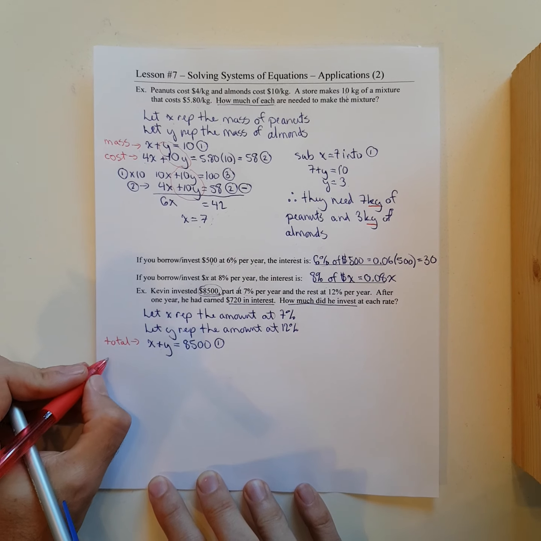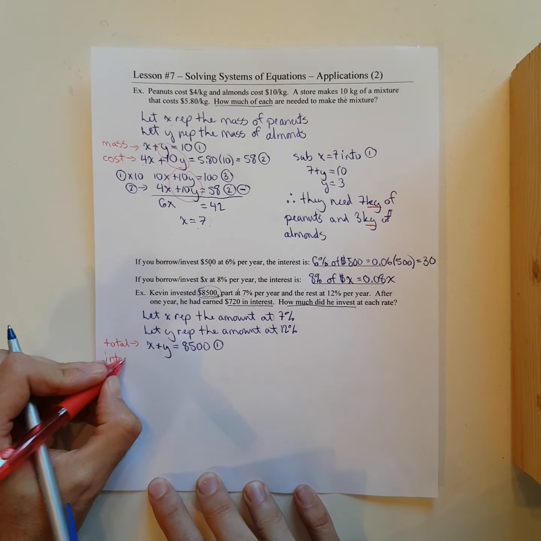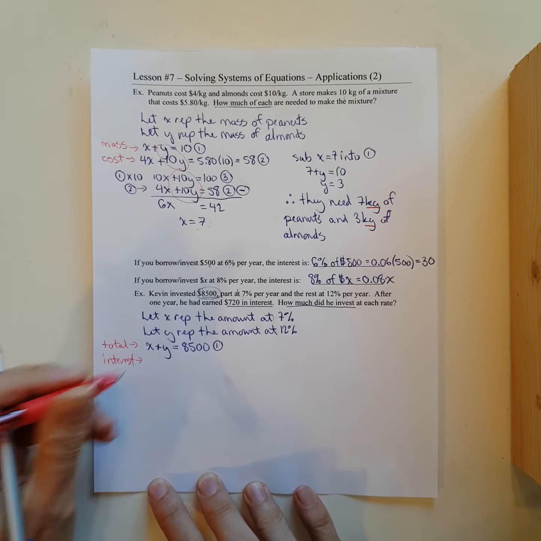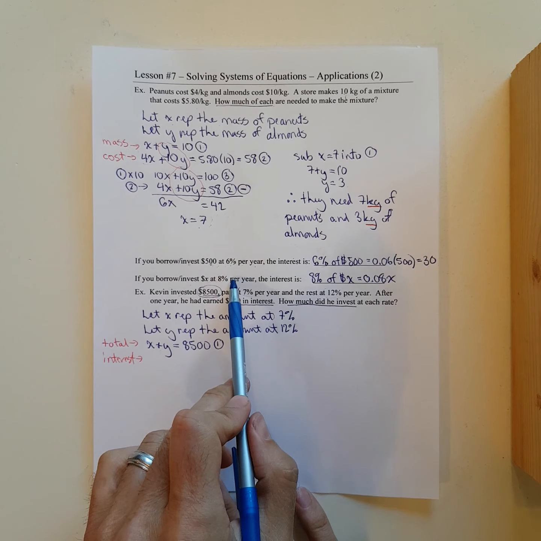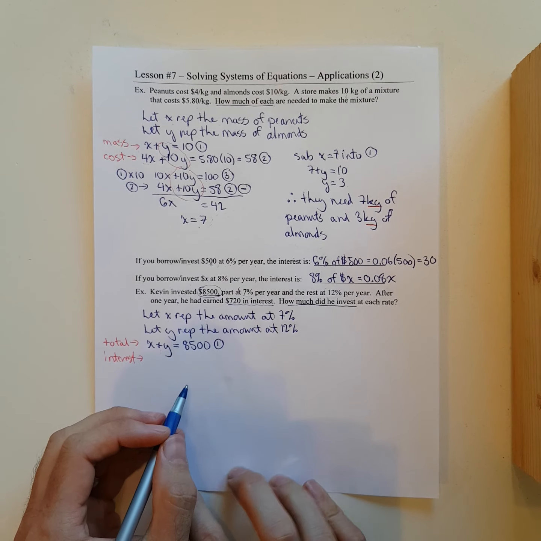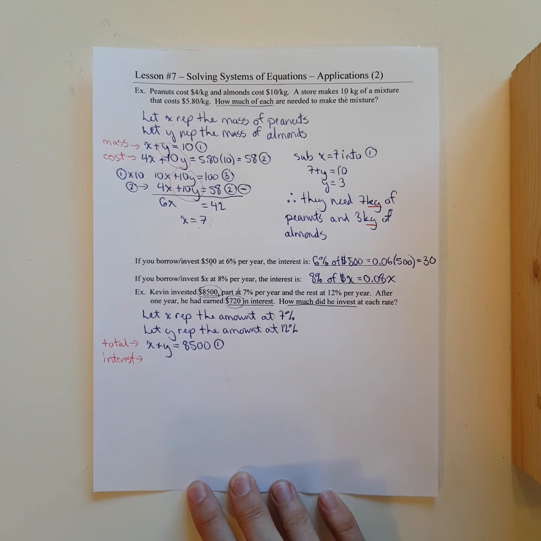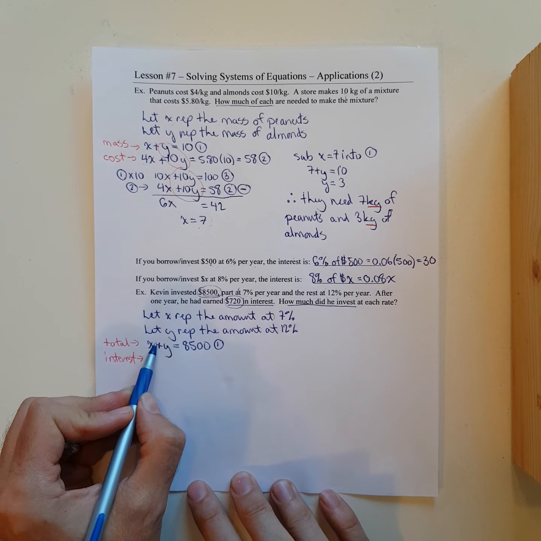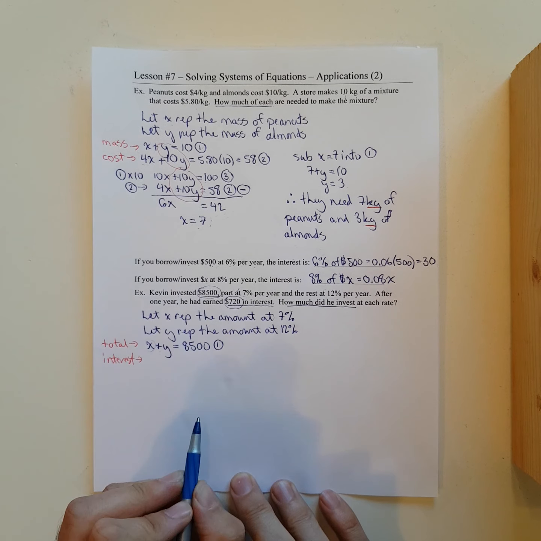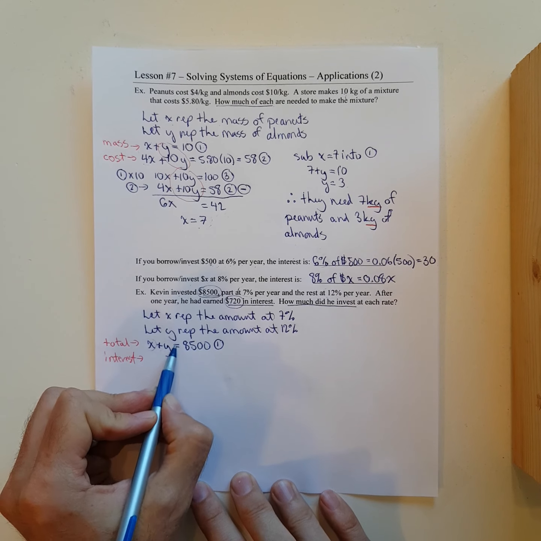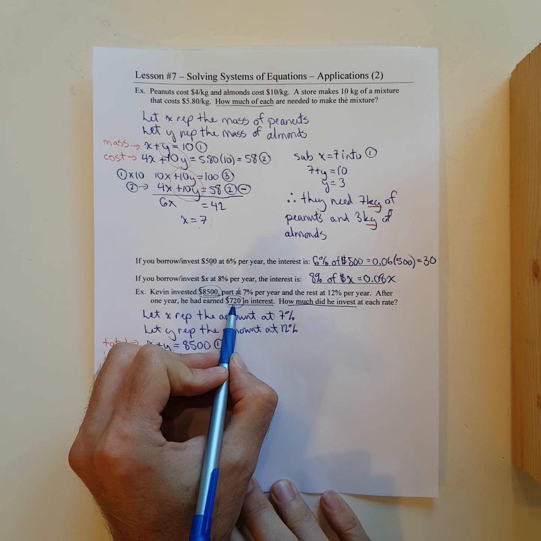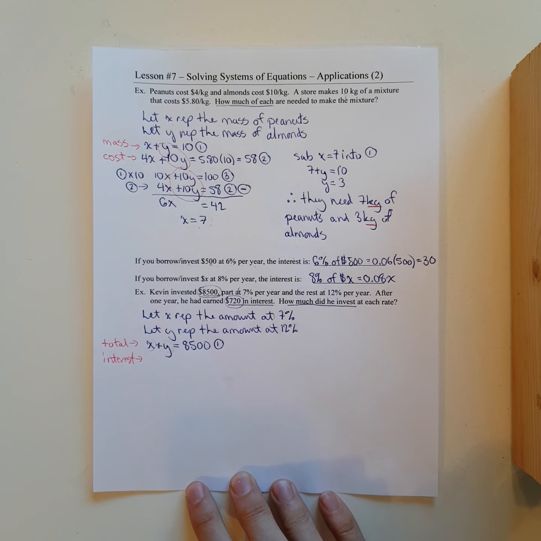The second equation now comes from our interest. So the same way we looked at how to calculate interest here, we're going to do the same thing. What we know is that the total amount of interest has to be $720. So I need to figure out how much interest did he earn on the first part and how much interest did he earn on the second part, and that will have to equal or total $720.